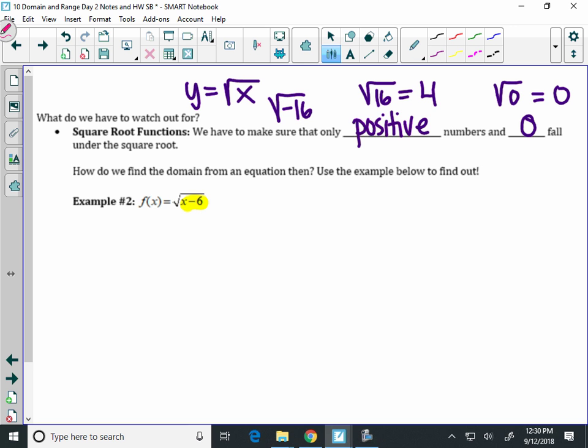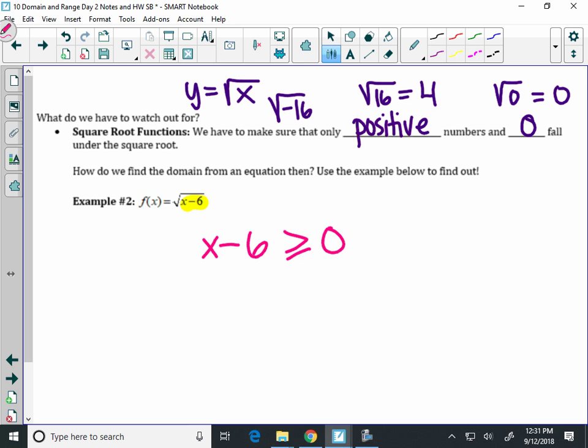You're going to look at that radicand, x minus 6, and you're going to say, okay, I know x minus 6, that whole thing there, it can be positive, so it can be greater than 0, or the stuff under the radical could also be equal to 0, right? Because we're allowed to take the square root of 0, so we're going to say it could be greater than or equal to 0.